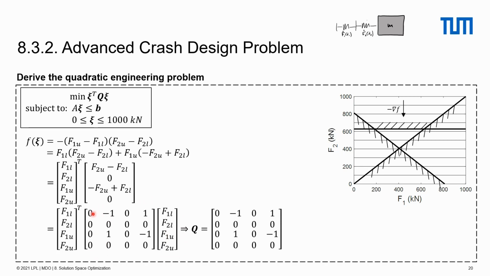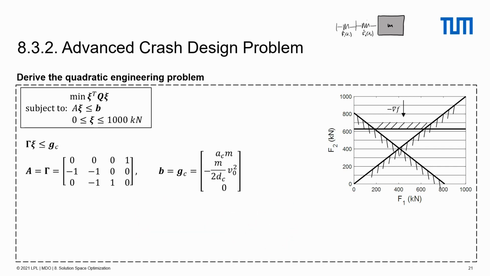That is this matrix times the vector of the design variables. Then we get Q equals the matrix here. Then we come to the constraints. As we already have our constraints in the form gamma times C smaller equal GC, we can easily see that A just equals gamma and B just equals GC.